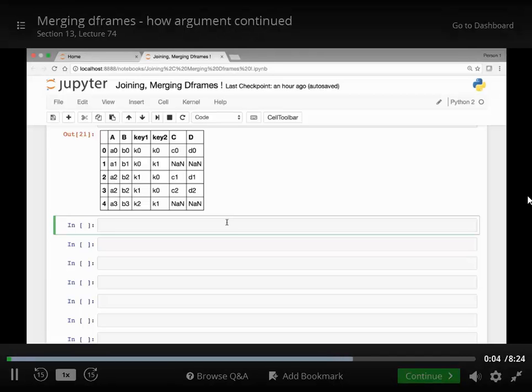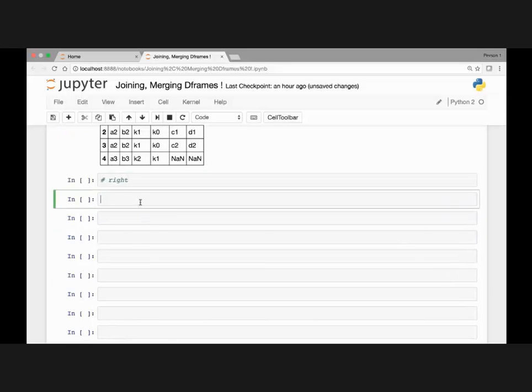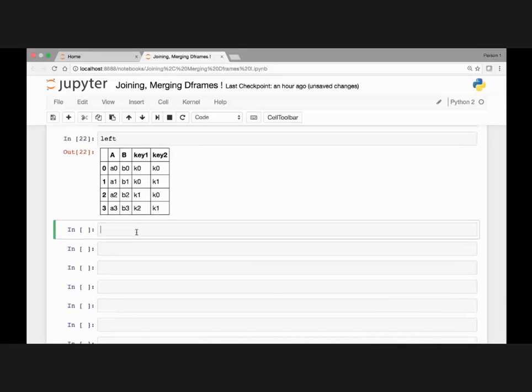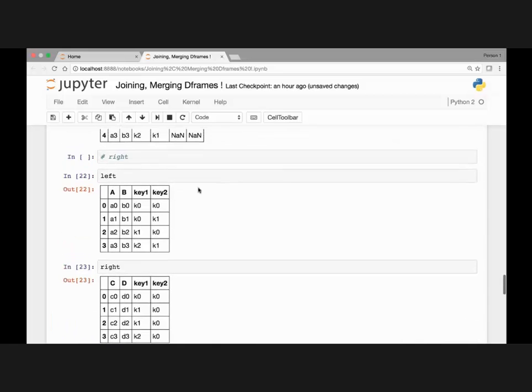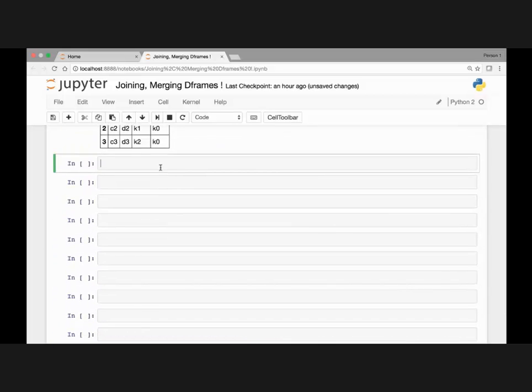In this lecture, we'll continue our discussion on the how argument. Let's take a look at the value right for the how argument. So we have our left data frame and our right data frame, and let's merge those two data frames by passing right for the how argument.